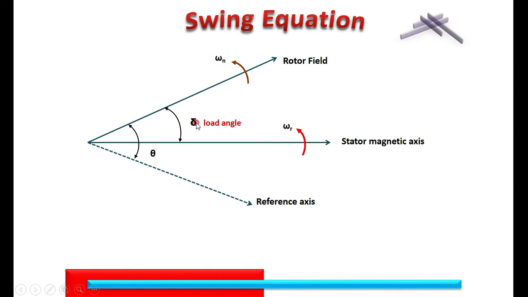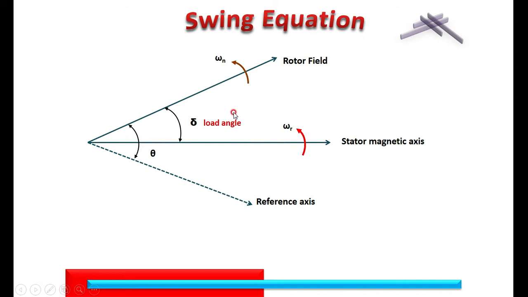If the load is more, delta increases. If the load is taken off the system, delta decreases. Means the rotor either accelerates or decelerates with respect to the stator magnetic axis.